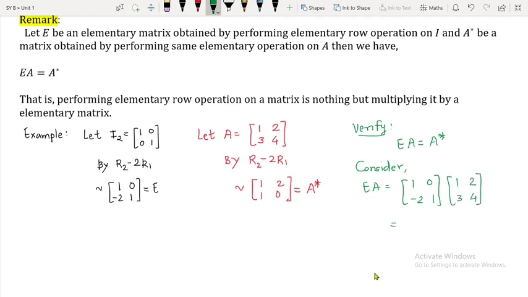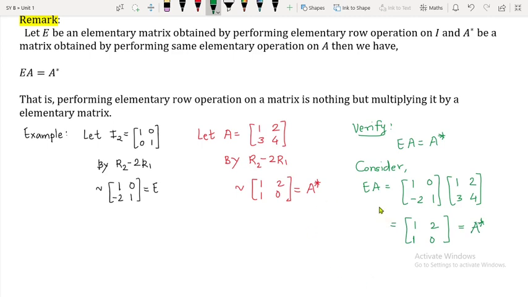Which is equal to, now let us take the product. So it will be 1 multiplied by 1 is 1, which is the same entry as the A11 entry of A star. Next you are going to get 2, which is the A12 entry of A star. Next is minus 2 plus 3. So minus 2 plus 3 is 1. Okay. And what is the next one? Minus 4 plus 4, that is 0, and that is nothing but what? A star. So got it? So we have verified our property.